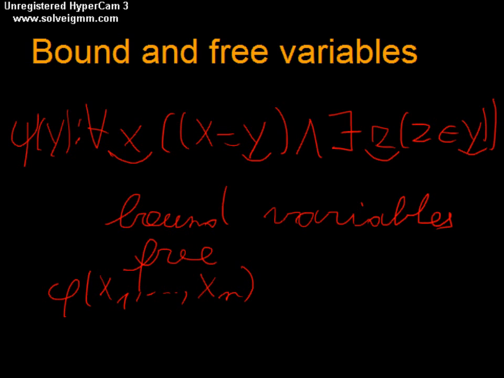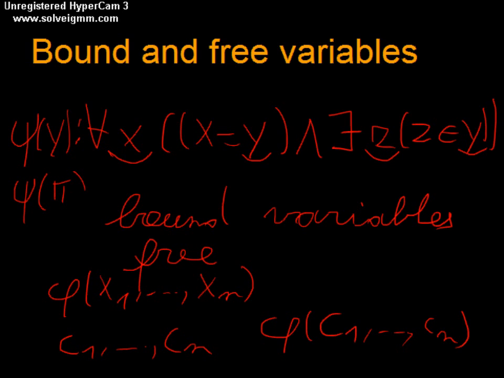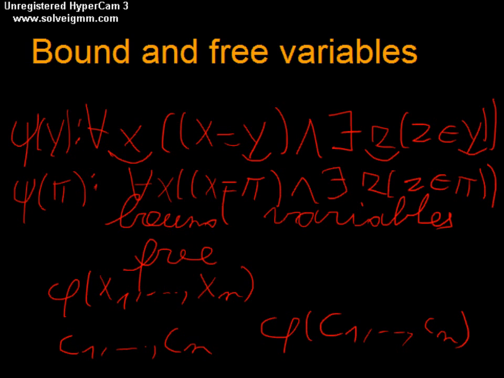Now if c1 to cn are constants, then we can substitute in these constants in a formula to get phi of c1 to cn. For example, if we substitute pi in this example, then we get phi of pi, and we get for all x, x equal to pi, and there exists a z element of pi, where pi is not a variable anymore but a constant.